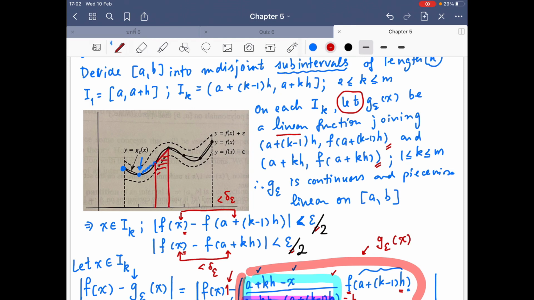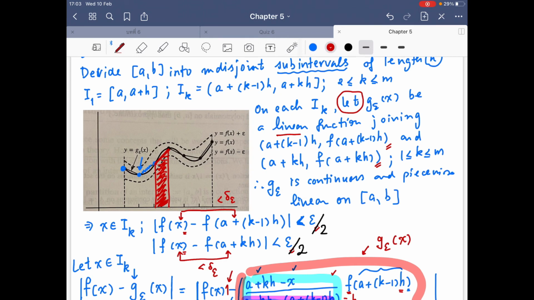Why is that? Because instead of cutting at the right end of each interval, we connect the two ends of the interval by one straight line. So one of the strips that we have here becomes a trapezoid.